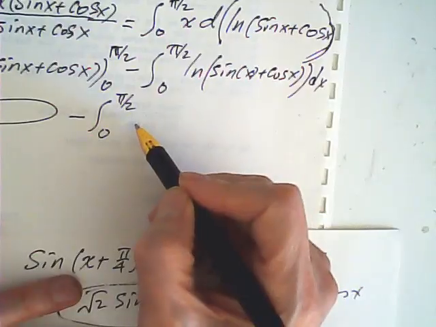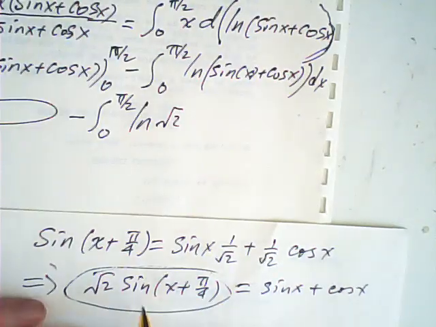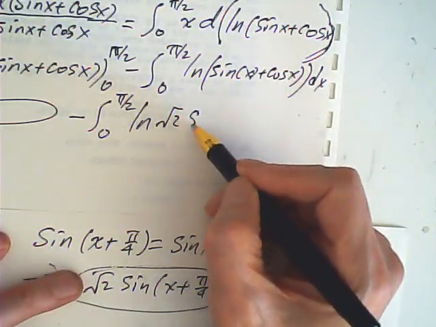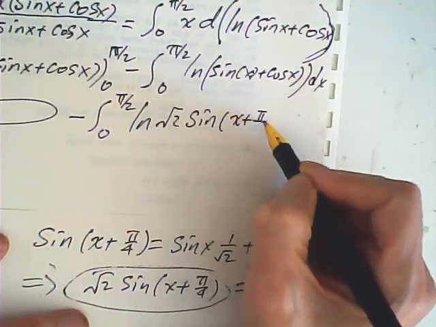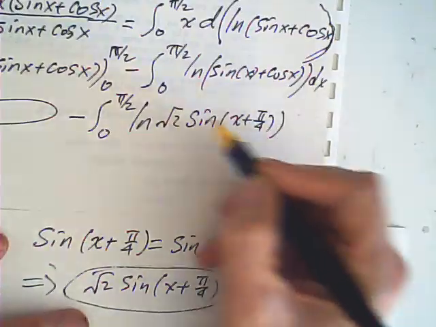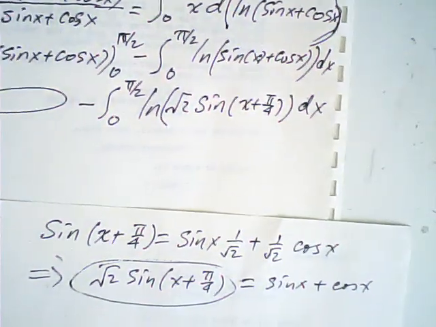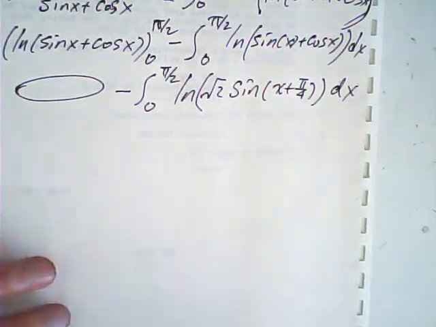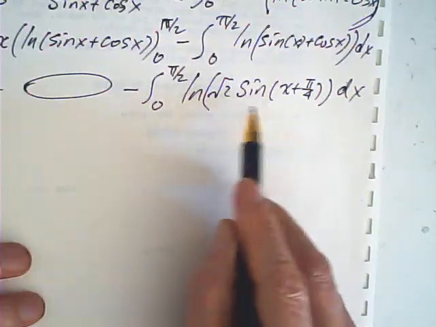So this one is equal to log of root 2 times sine(x plus quarter pi) dx. Yeah, very good. Then I can separate the logs.